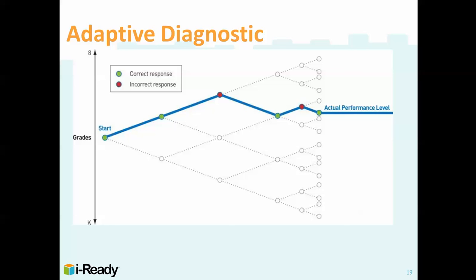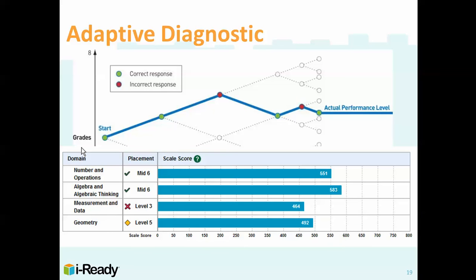Similarly, if they are struggling and they're missing questions, we'll continue dropping down until they get some questions right. We do that so that we can really identify down to the skill level and across the domain level and not just give you one big score that says Johnny's below level. You already know that. You need to know why they're below level and what can I do next to change and help with that.